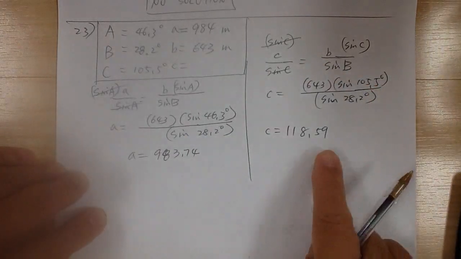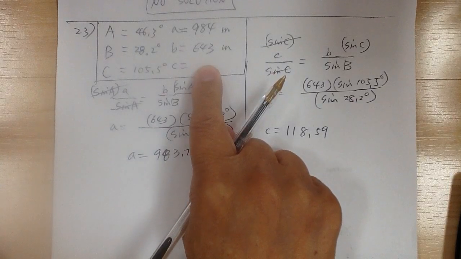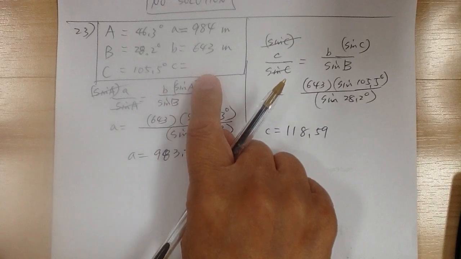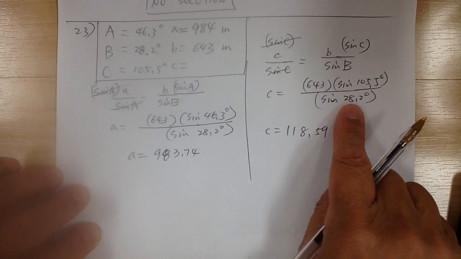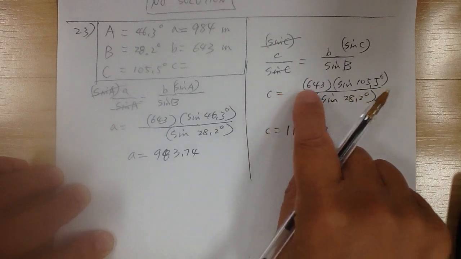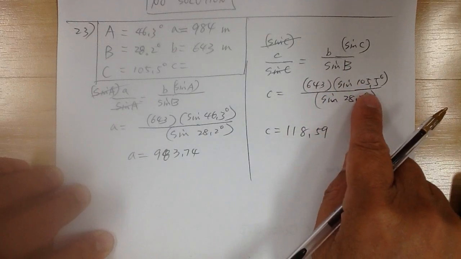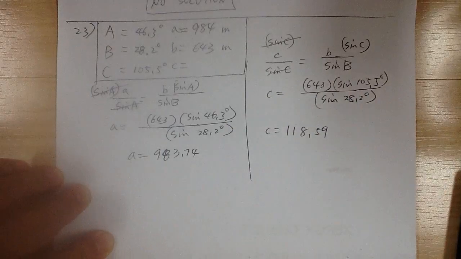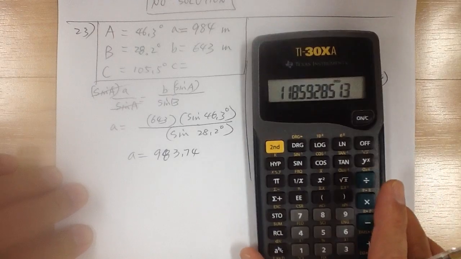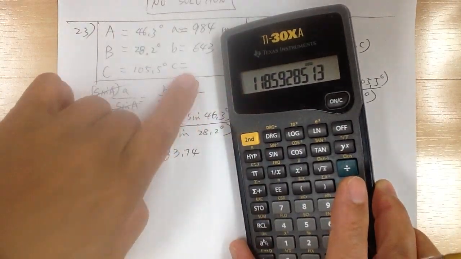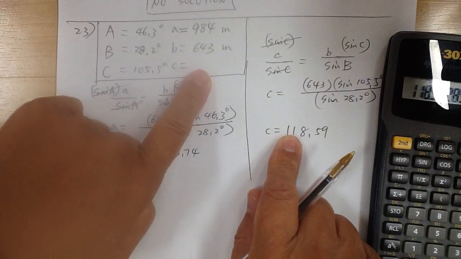118.59. Okay, double check again. The reason I know it doesn't look right is because this is 118, and this is the biggest angle, so this should be the longest side.